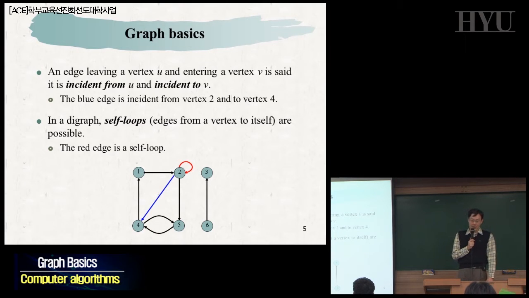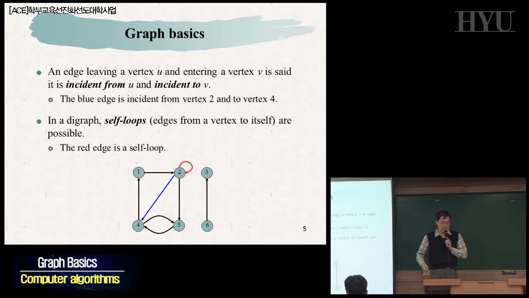In a digraph, that is a directed graph, there are self-loops. Self-loops are edges from a vertex to itself. In this case, the red edge is a self-loop.